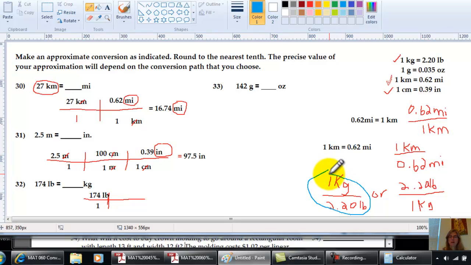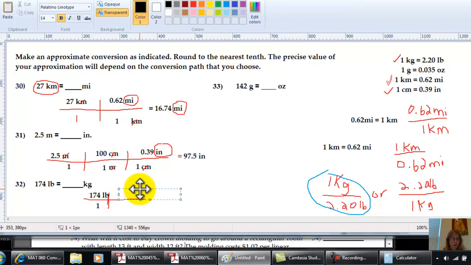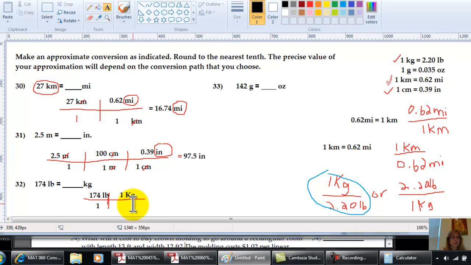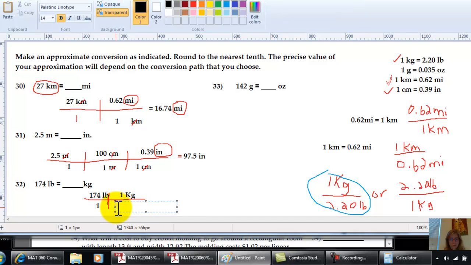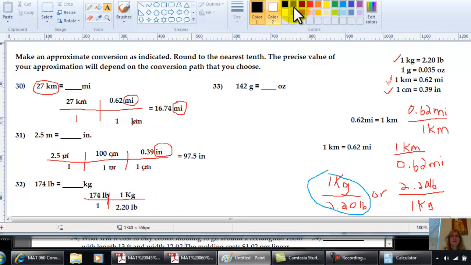So we're going to use that one. So that will be 1 kilogram over 2.20 pounds. And that will then cancel our units appropriately, because in the numerator is pound and the denominator is pound.